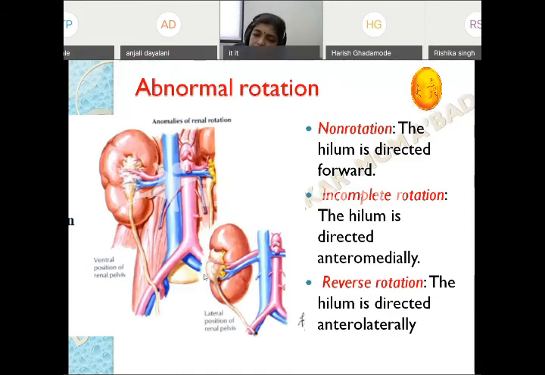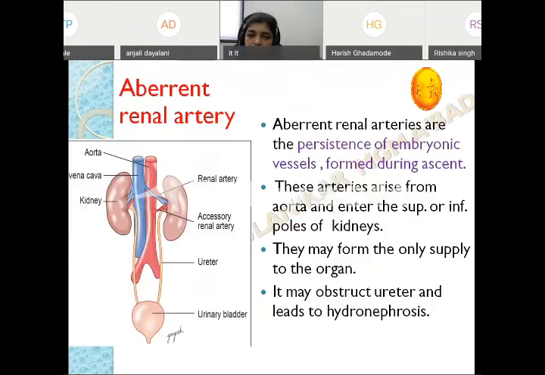In incomplete rotation, the hilum is directed anteromedially. It is not properly anterior or properly medial. It remains in between, anteromedial. In reverse rotation, as this figure shows, the hilum goes towards the anterolateral side. So it can be non-rotation, incomplete rotation, or reverse rotation. Okay, so this is abnormal rotation.